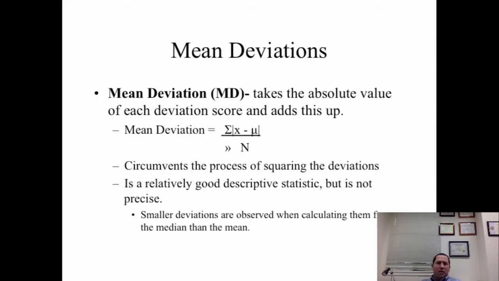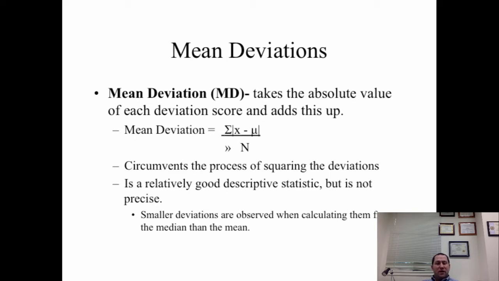Okay? Now, mean deviations. Here's a way to avoid having to square units. We're going to talk about variance and why we have to square units, but there might be a way to avoid squaring units. So the sum of x minus x bar, or in this case the sum of x minus mu, divided by n, would be the mean deviation score.